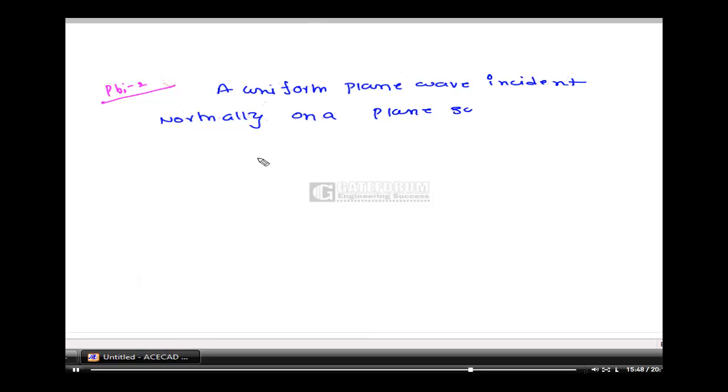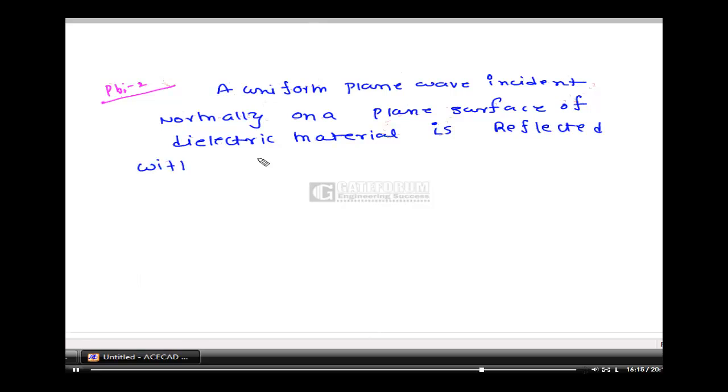The problem is like this. A uniform plane wave incident normally on a plane surface of dielectric material is reflected with a VSWR of 3.